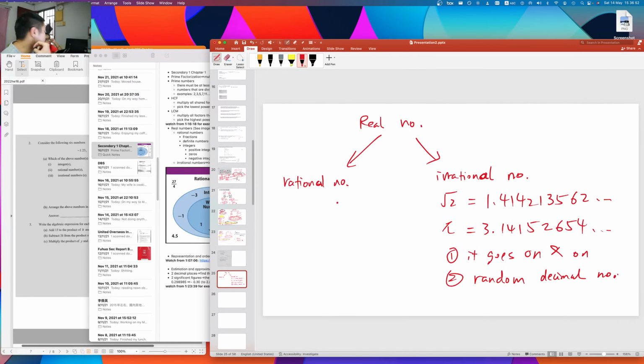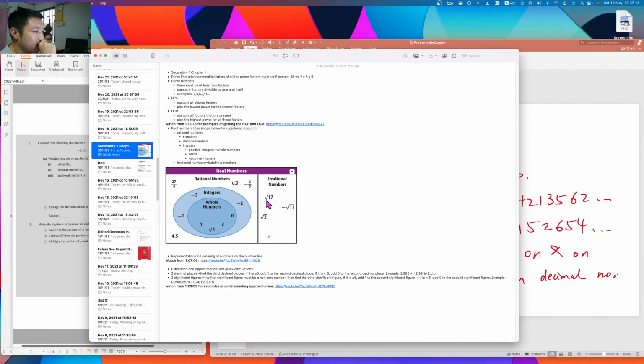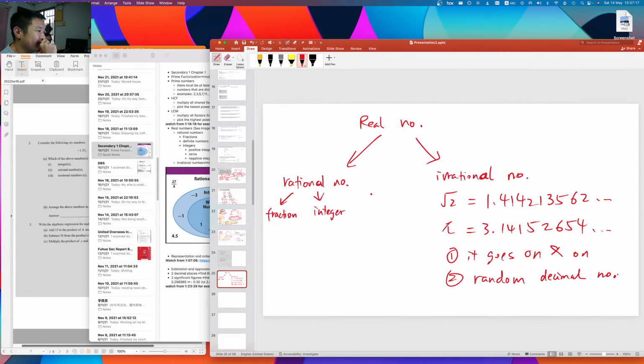Then what about rational number? So for rational number, you have a few: fraction, integer, and then you have this, decimal number.